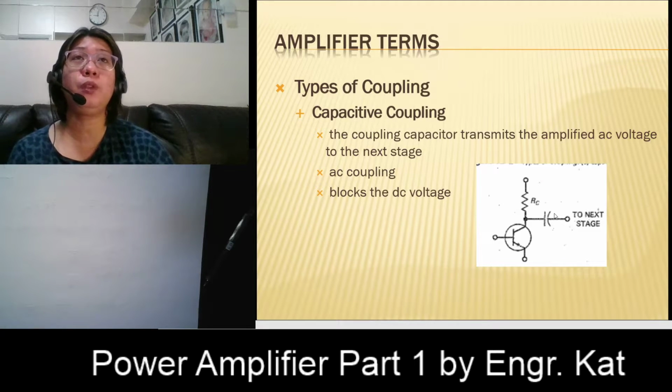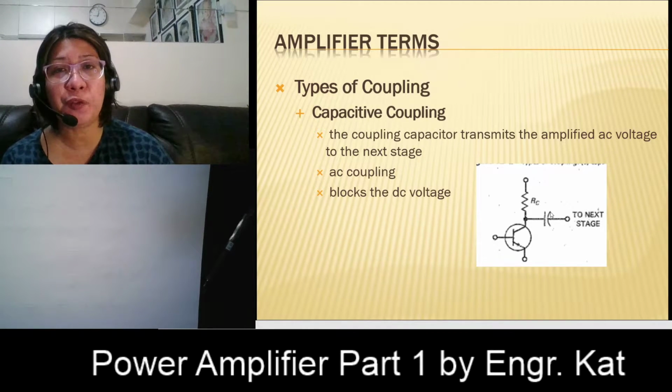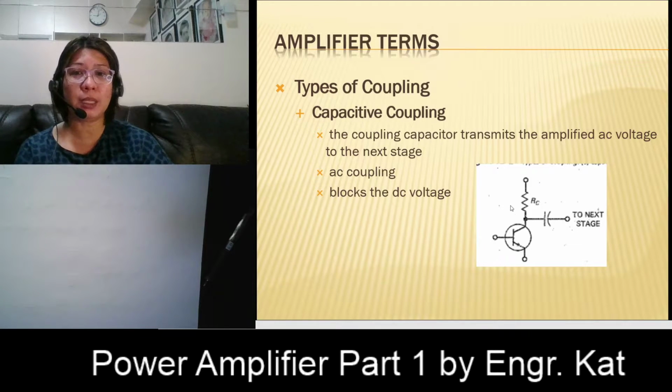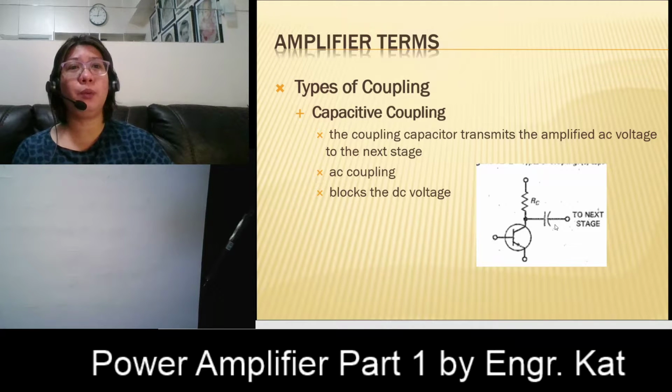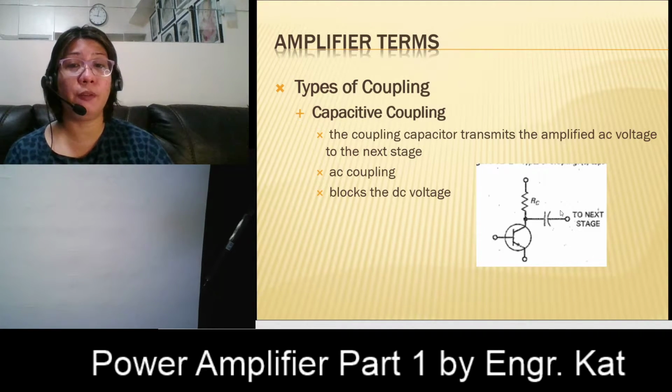So usually this is used for AC amplifiers, and usually this capacitor here sets the value for your lower cutoff frequency. Okay, so in your frequency response, this capacitor here is the one which is responsible for your lower cutoff frequency.